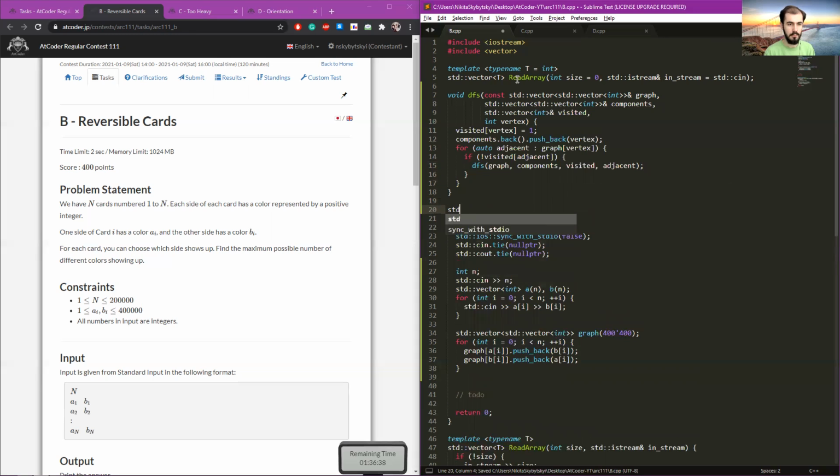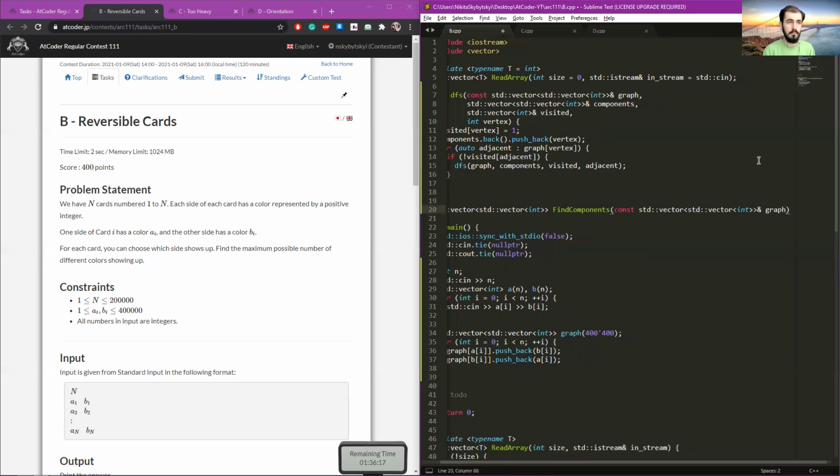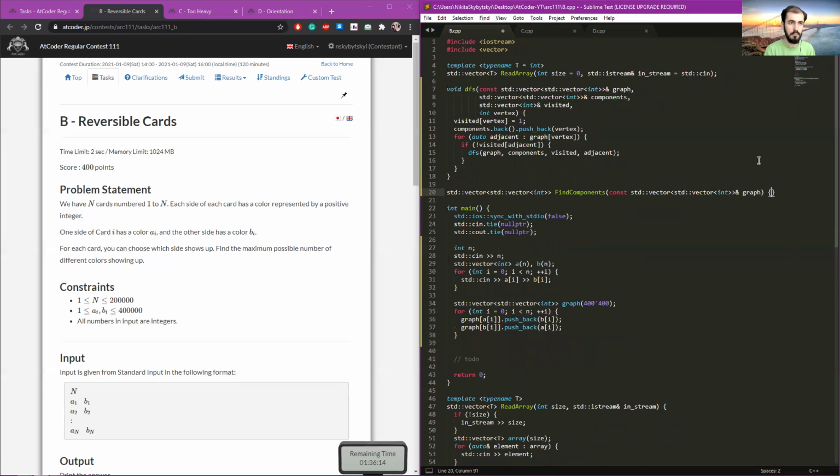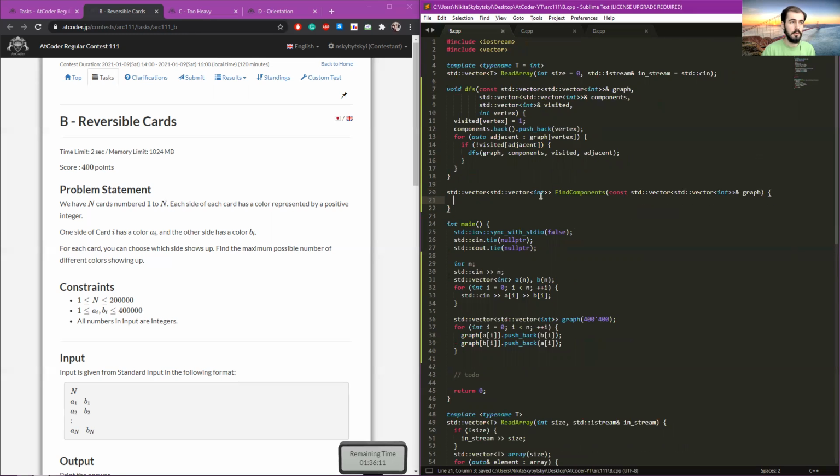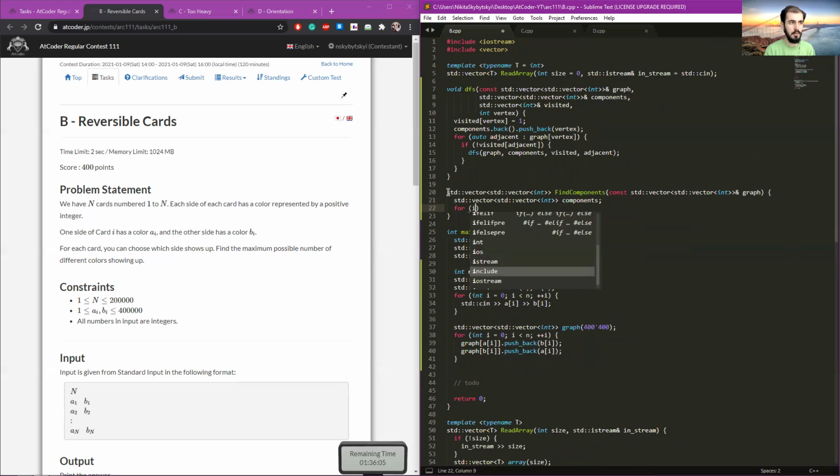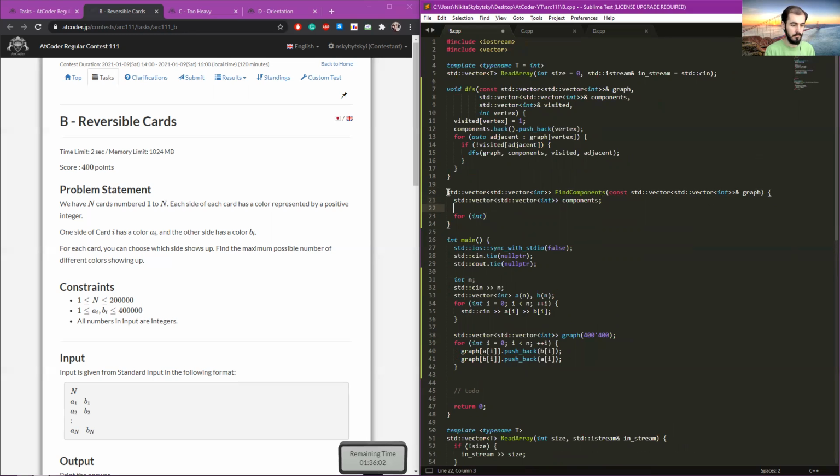Now we have components. Hmm. First, we would like to create our components. Let's grab ourselves the number of vertices in the graph.